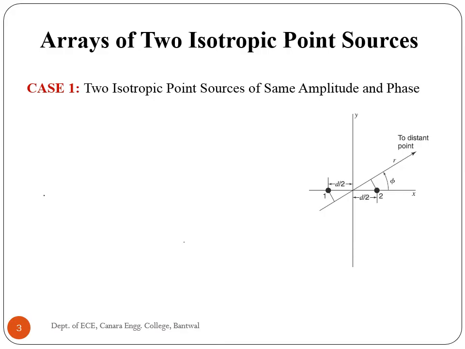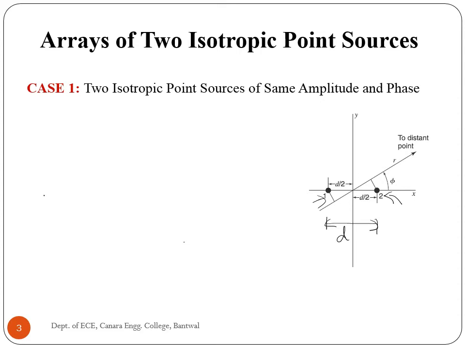Arrays of two isotropic point sources. The first case we shall analyze is that of two isotropic point sources having equal amplitudes and oscillating in the same phase. Let the two point sources 1 and 2 be separated by a distance d and located symmetrically with respect to the origin of the coordinates.